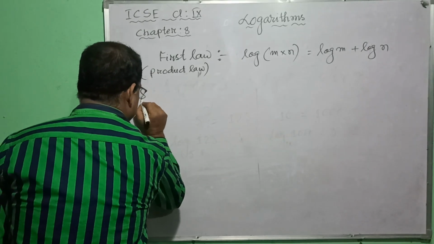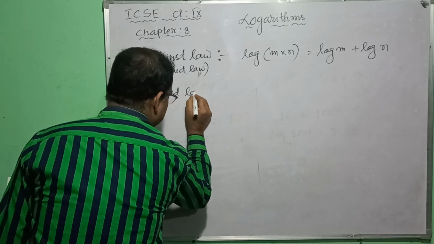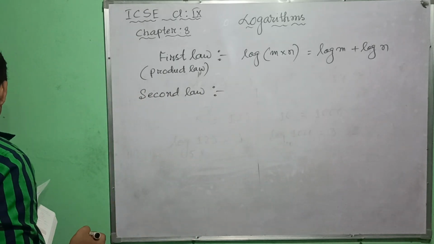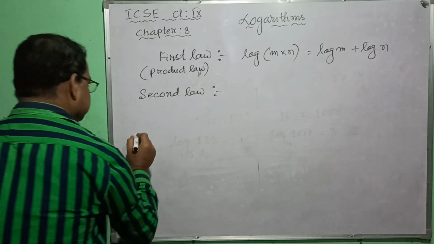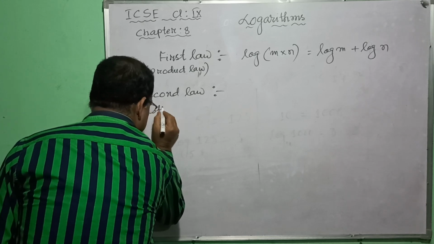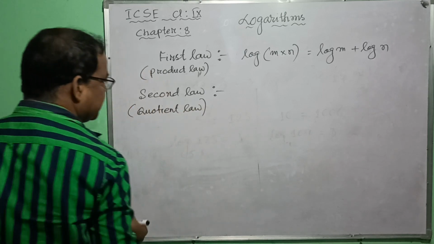Then it is second law, which is also called quotient law. We can write in the bracket quotient law.